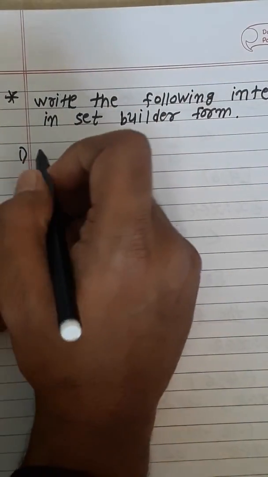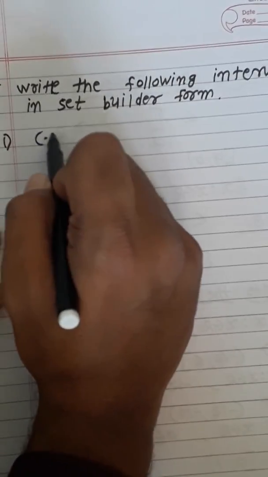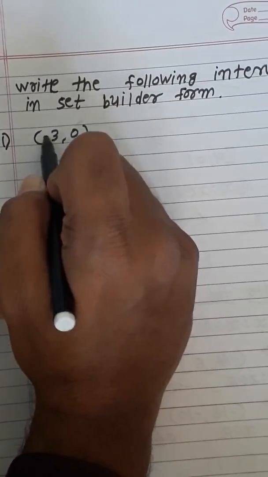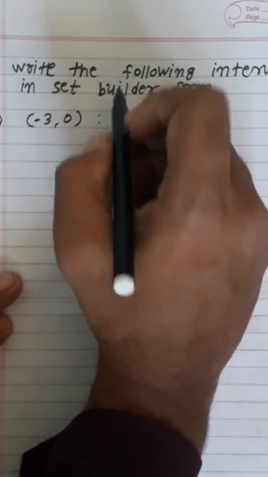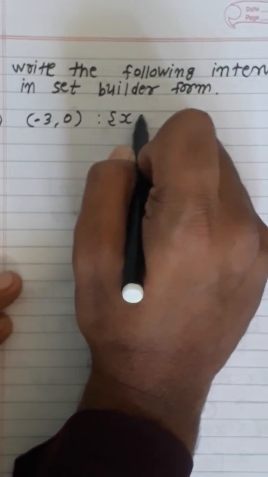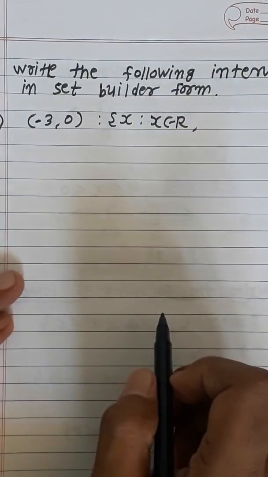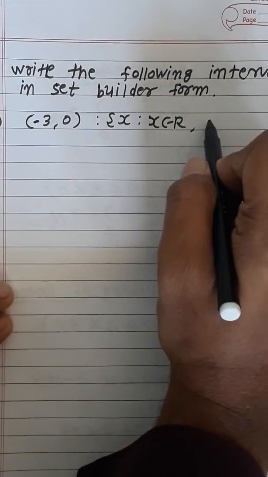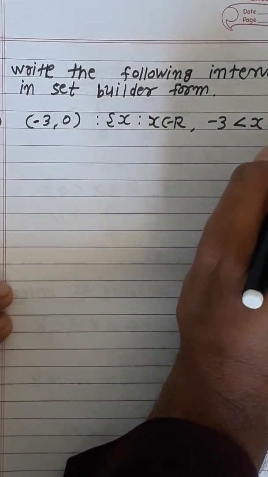First question: open interval (minus 3, 0). How can it be represented in set-builder form? {x : x belongs to R, minus 3 < x < 0}.